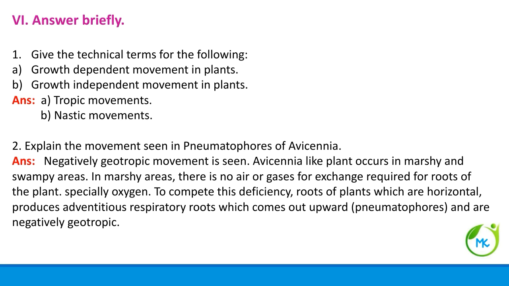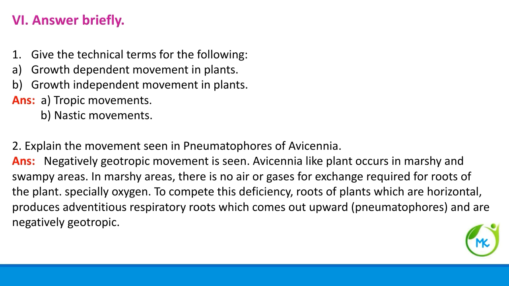Second question, explain the movement seen in pneumatophores of Avicennia. So what are the pneumatophores of Avicennia? This Avicennia plant grows in marshy areas. In such a case, to obtain oxygen, they develop upright roots.